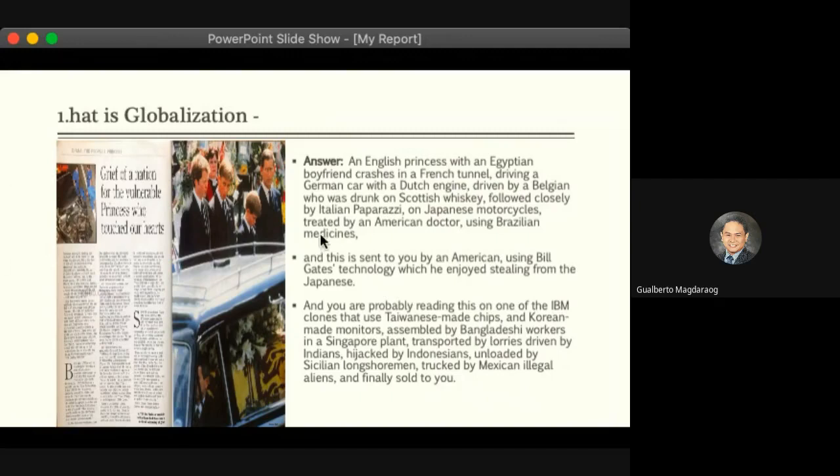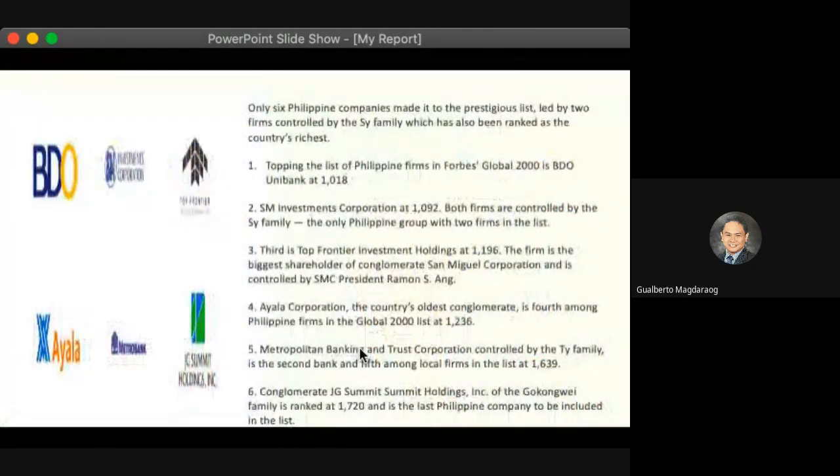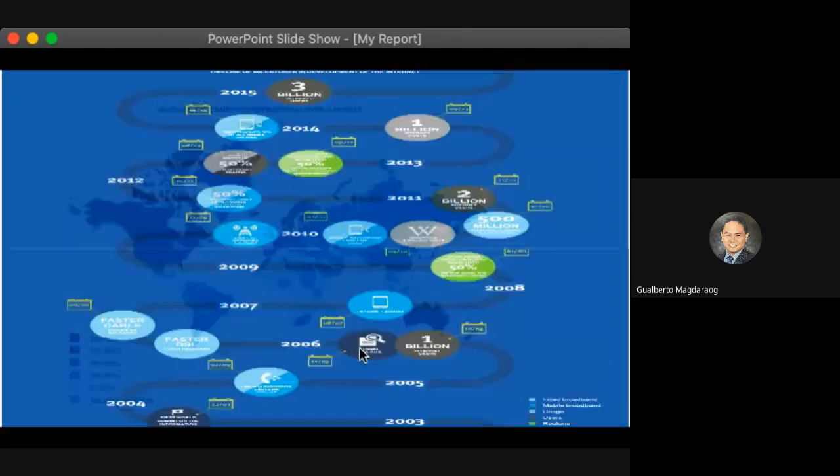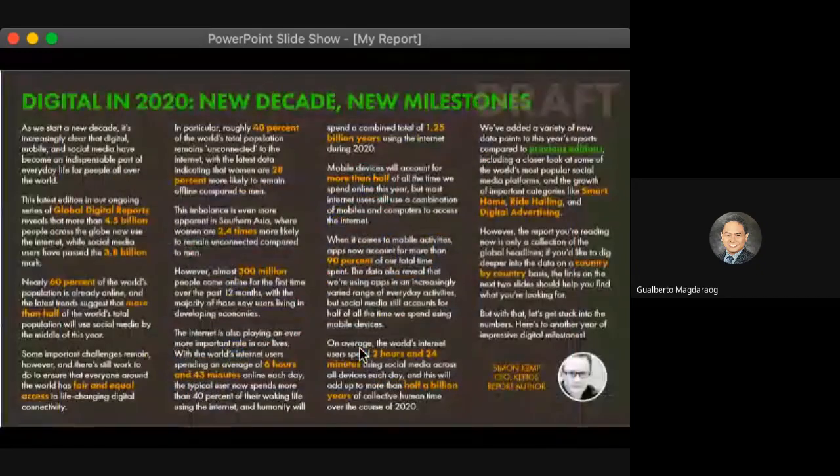Okay. Before I leave this slide, maybe I'll add some good discussion here. Sandali. Hanapin ko lang. Okay, this one is Digital 2020, the new decade, new milestone.